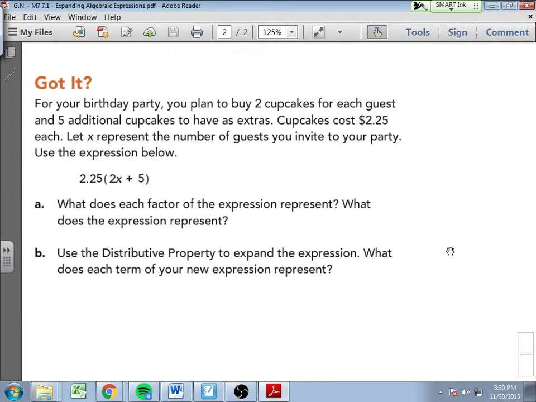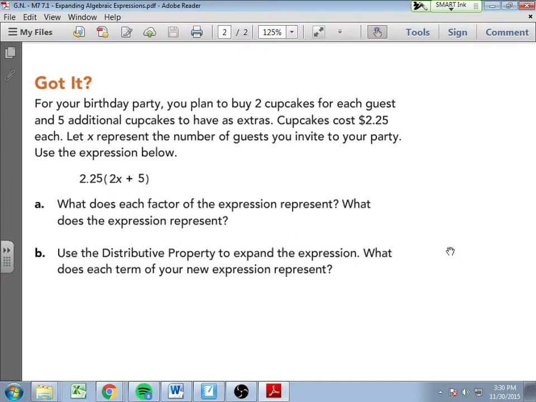Alright, last one for today. You're back at your birthday party, planning next year's birthday party with the new patio, big enough for all your friends, hopefully. Your friends are probably going to be hungry, it's going to be a long party, so you get 2 cupcakes for every guest you invite. But you also know that accidents happen, people drop their food, a little sister or brother might come mess with you.